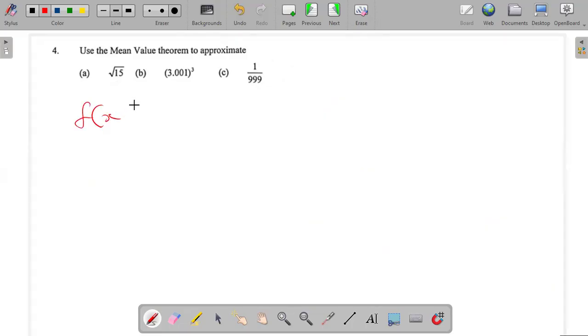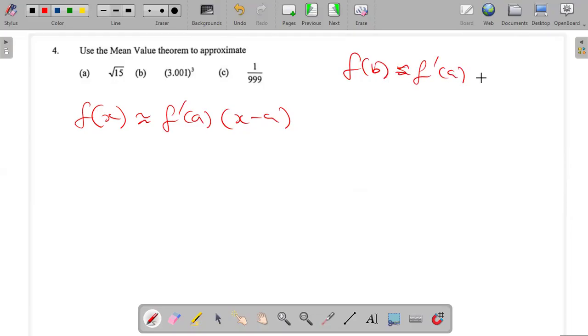So you can say f of b, or f of x, is approximately equal to f of a plus f prime of a times x minus a.